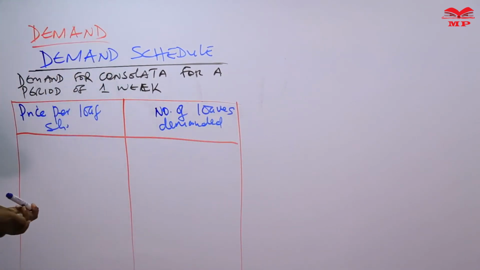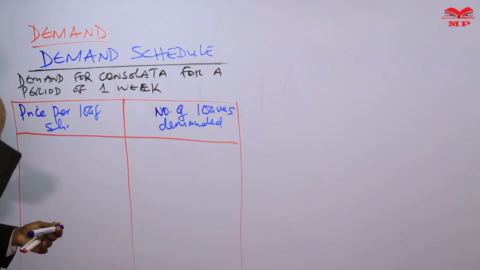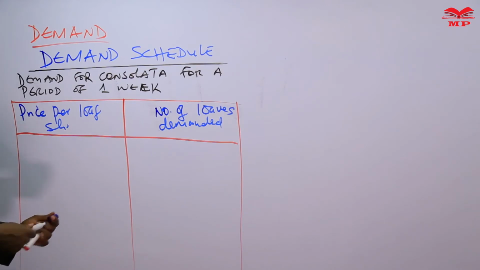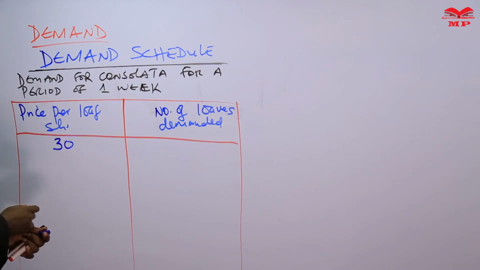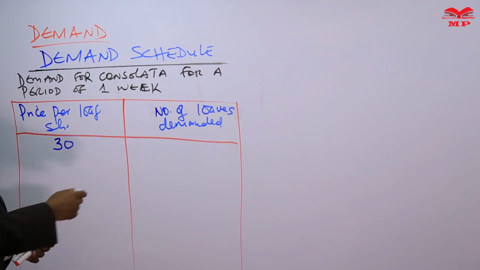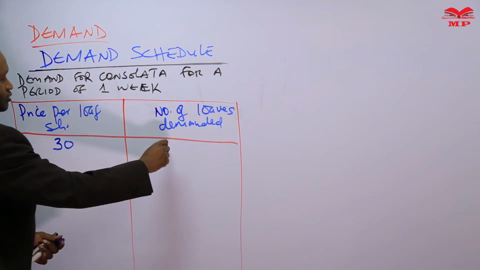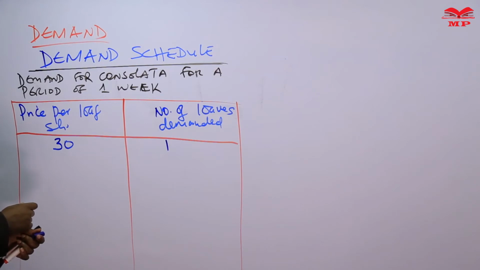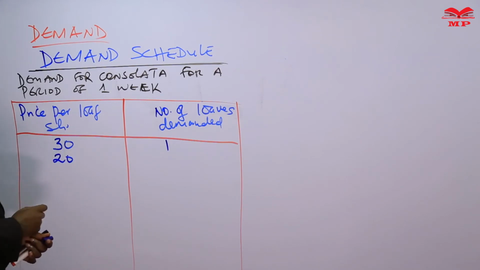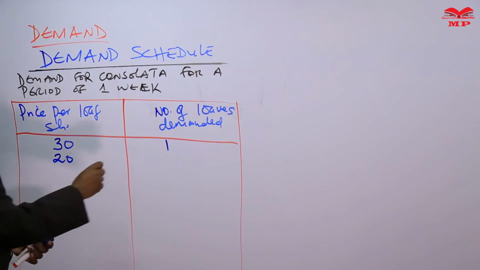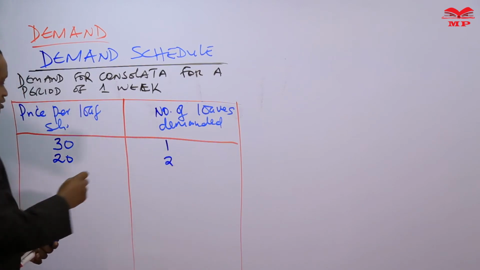So on the first day of the week, the price is 30 shillings. When the price is 30 shillings, Consolata bought one loaf of bread. When the price reduced to 20, Consolata bought 2 loaves of bread.